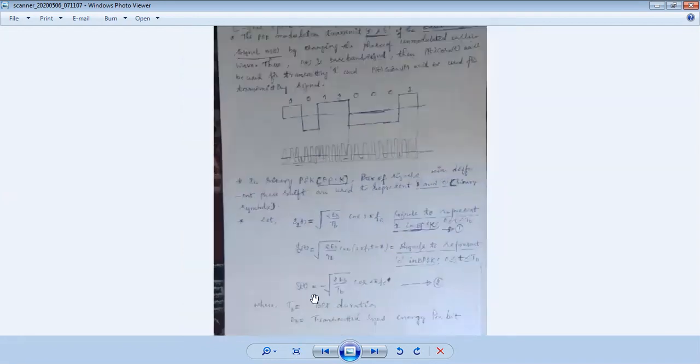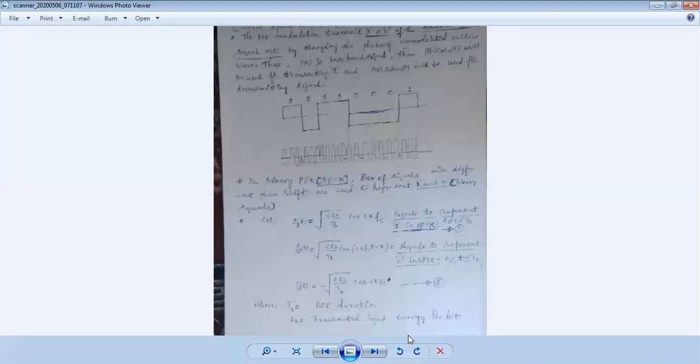So similarly here, S2 of t is cos 2 pi fc t plus pi, and cos of anything plus pi is always minus, so S2(t) = minus square root of 2EB/TB cos 2 pi fc t. Here TB is the bit duration, and EB is the transmitted signal energy per bit.